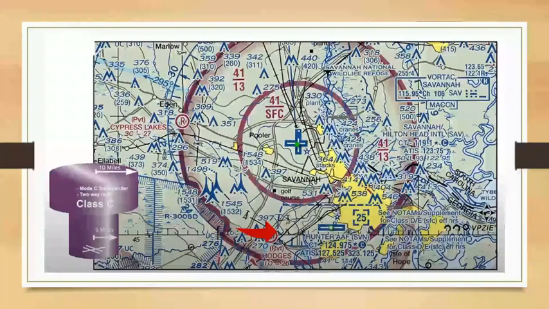Now above 2,500 feet, because this is part of Class D airspace, is now sitting within the Class C airspace. And Class C airspace is going to take over from the top of the Class D airspace and continue up to 4,100 feet MSL.